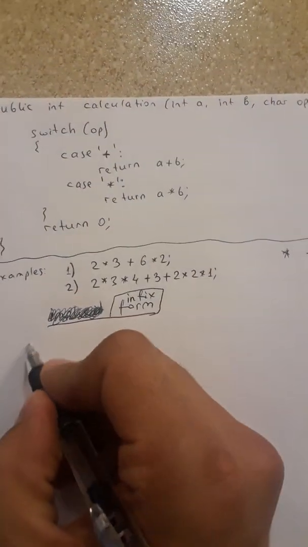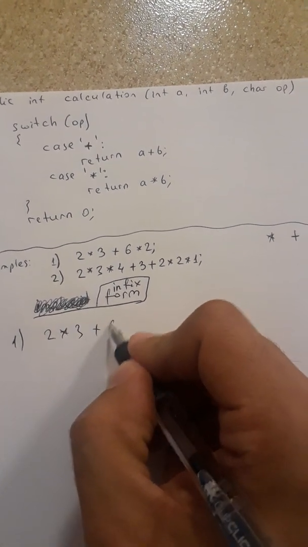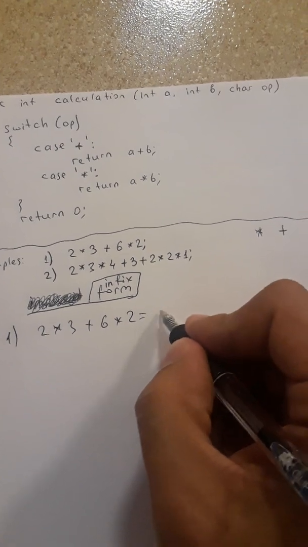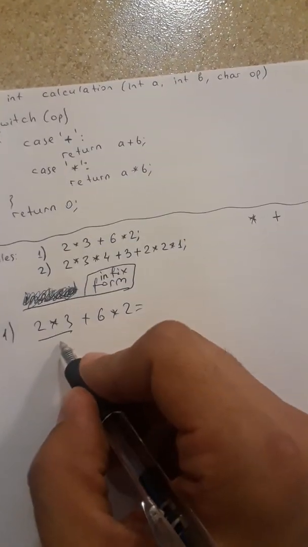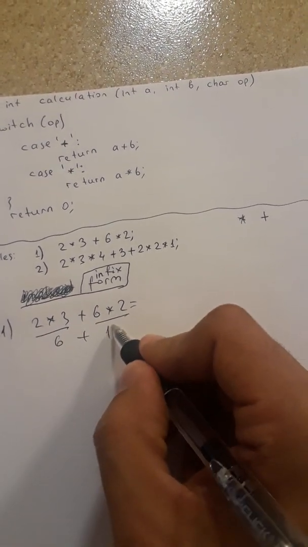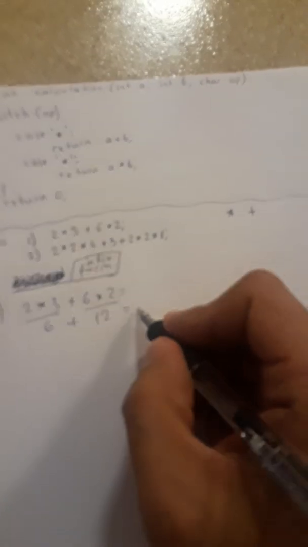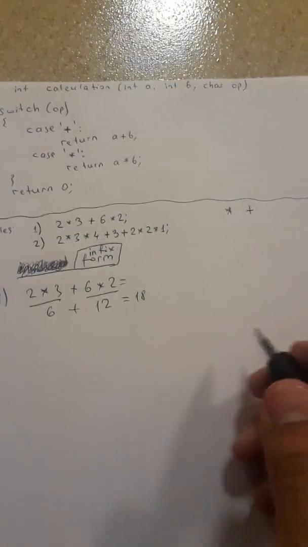So the first example is 2 multiplied by 3 plus 6 multiplied by 2. 2 multiplied by 3 is 6, plus 6 multiplied by 2 is 12. So the end result should be 18.